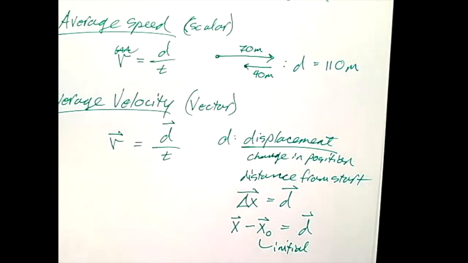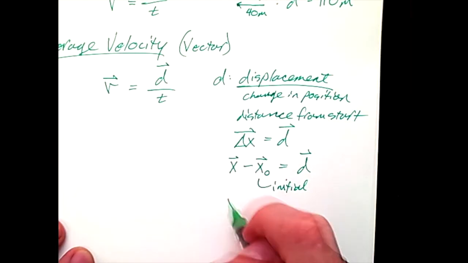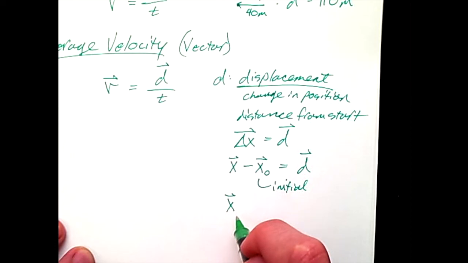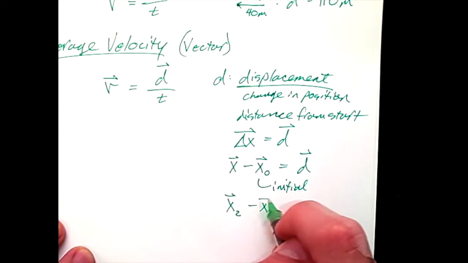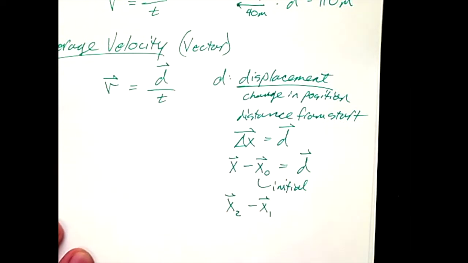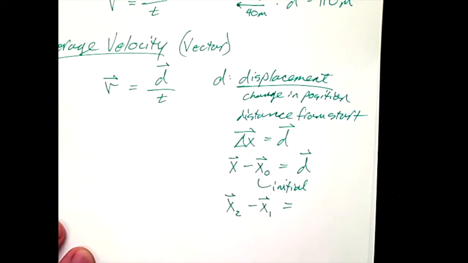Therefore, no subscript afterwards would be the final position. Some texts will utilize 1s and 2s or a's and b's to indicate final and initial. So you can think of this as position 2 minus position 1. But in order to be somewhat more neat about it, we use the x naught and then no notation.